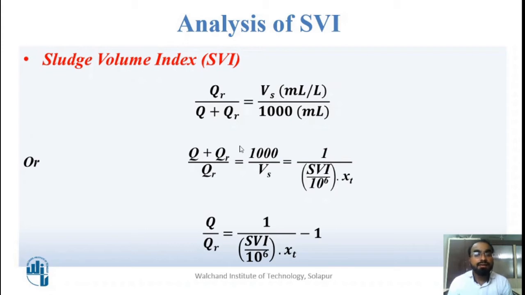First I will divide Q plus QR by QR. What I will get is Q divided by QR plus 1 is equal to 1 upon SVI divided by 10 raised to 6 into Xt. Now I take that plus 1 to the right hand side and write it as minus 1.